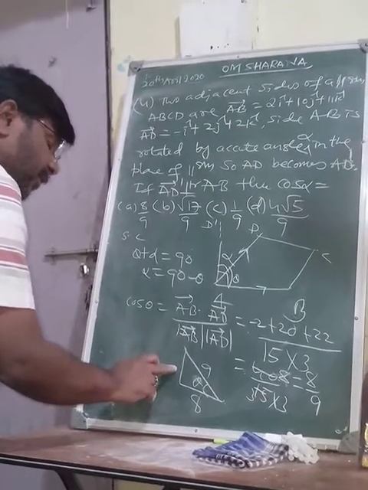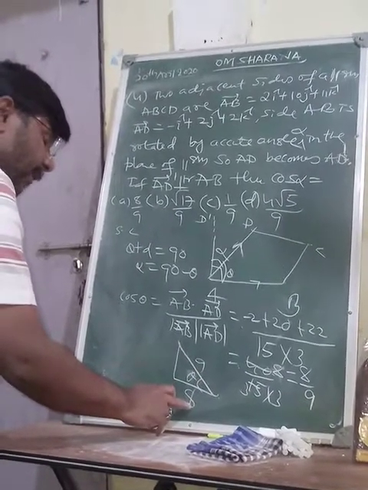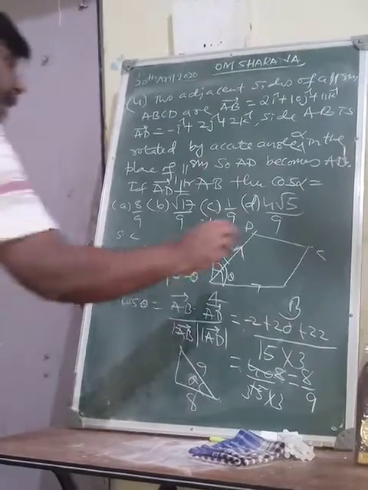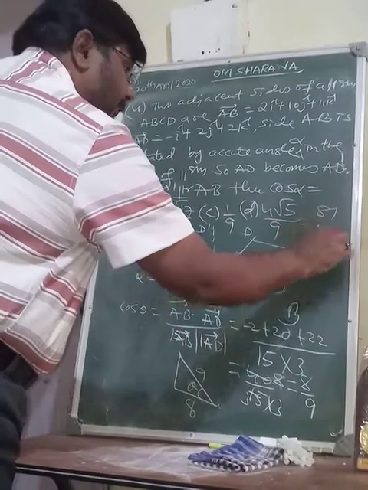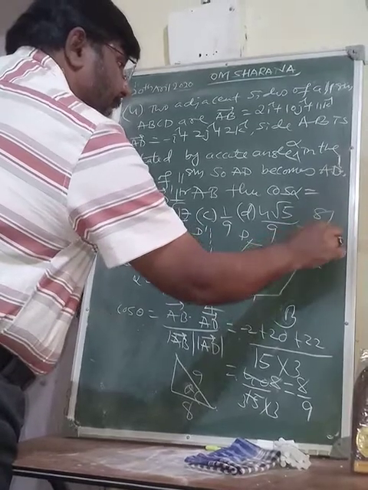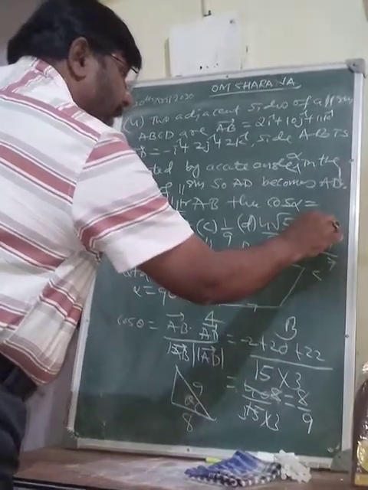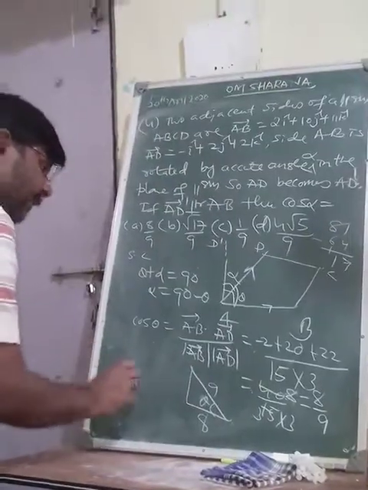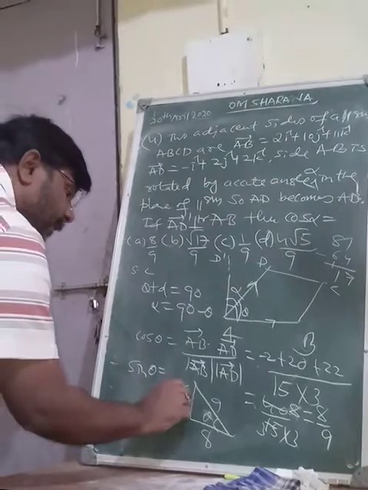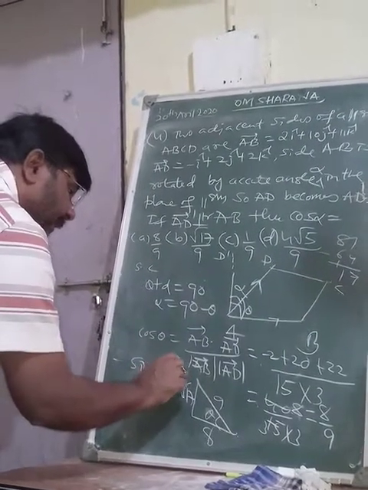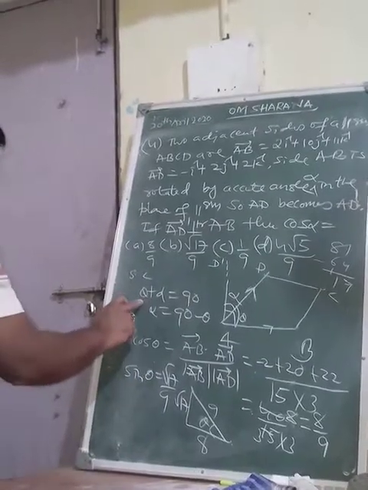So the opposite side will be square root of 9 square minus 8 square. 9 square is 81 minus 8 square is 64, it is 17. So sin theta is root 17 divided by the hypotenuse.